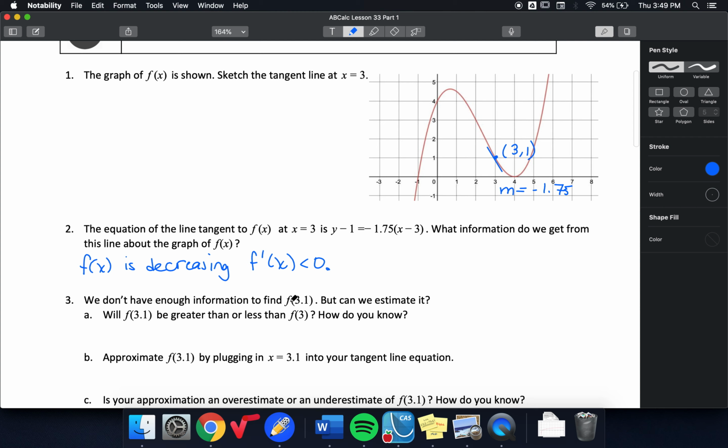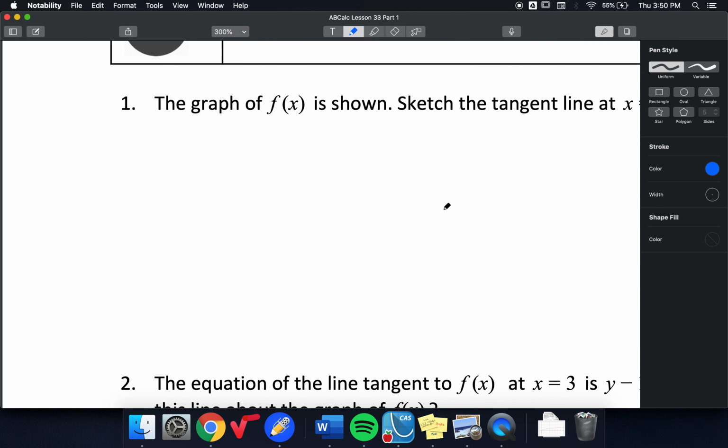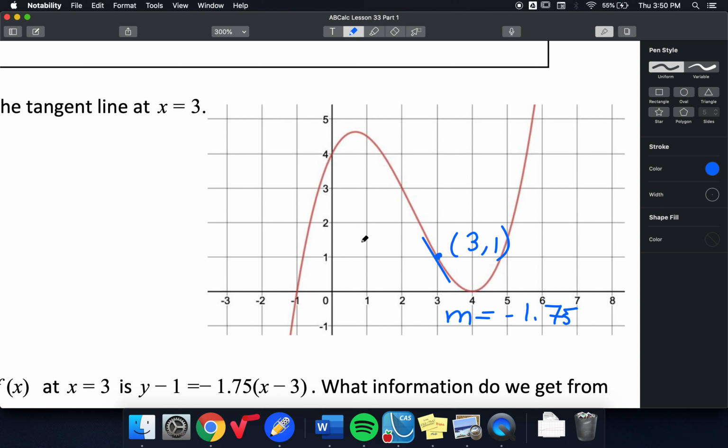So we don't know enough information to find f of 3.1. If I tried to approximate that on my graph, I don't have enough detail here to find the exact value of f of 3.1. I don't know the equation of this curve, but I know that if I zoom in even closer here, when my x value is 3.1, my curve and my line are really close to each other.